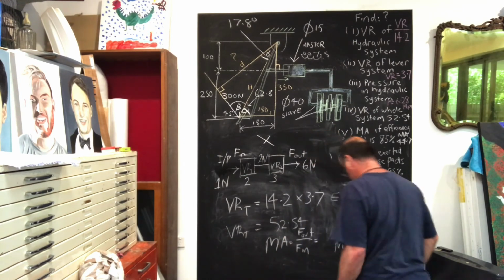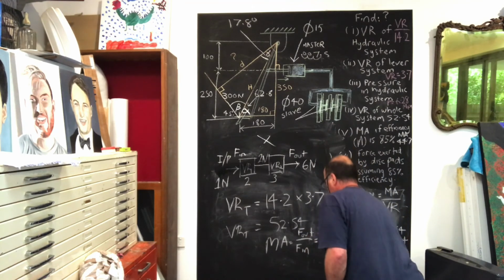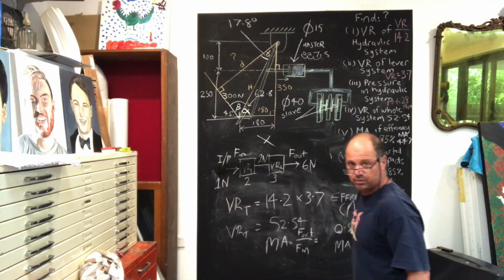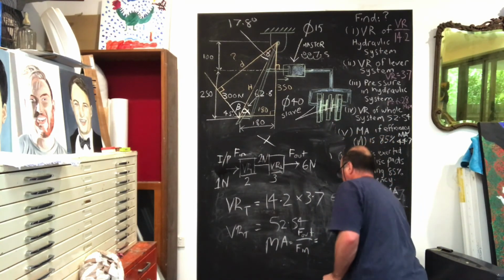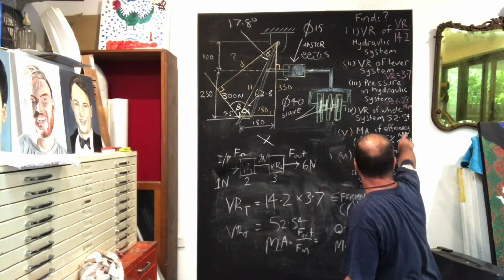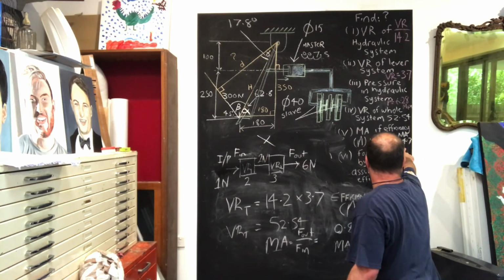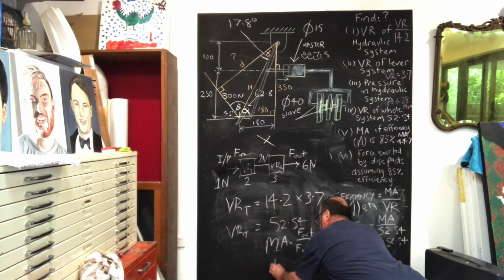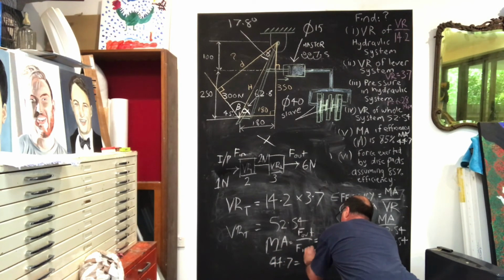which is equal to, let's write it down here. We know our mechanical advantage, we calculated in this part of the question here, 44.7. 44.7 equals force out, which is what we're trying to find, over the force in, which is 300.